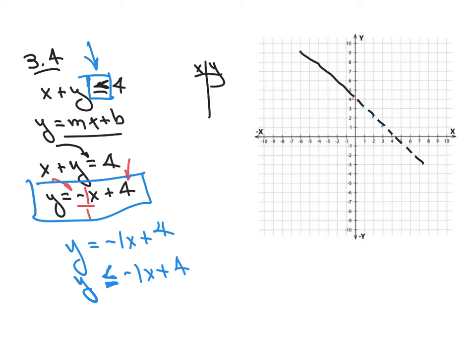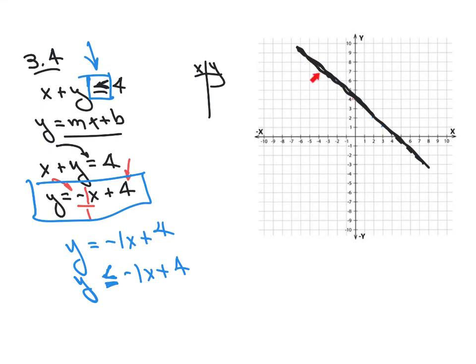Because what the dotted line means is that y does not equal this equation. It's less than. But since the equal sign is here, then it can be that line. So it just tells me that it includes the line or it doesn't include the line. And it all has to do with this symbol.